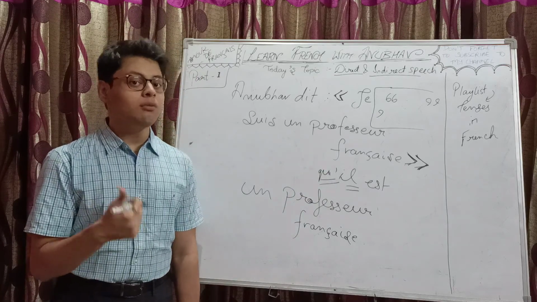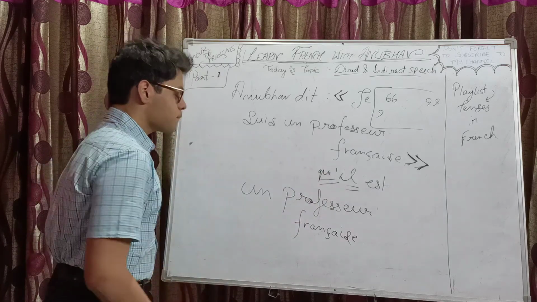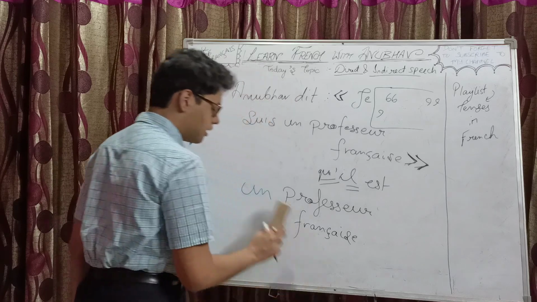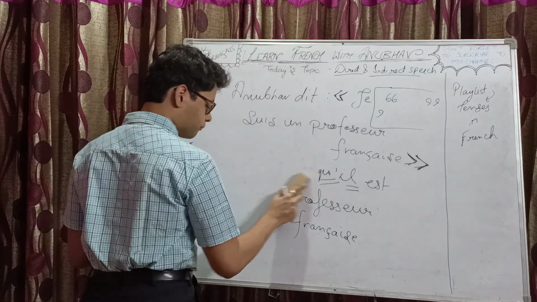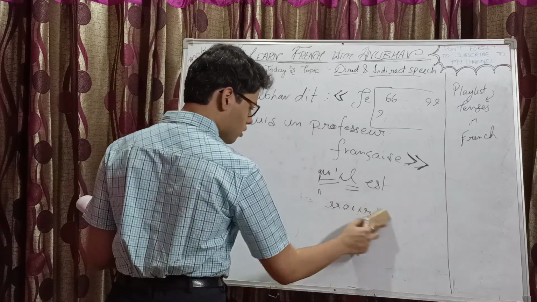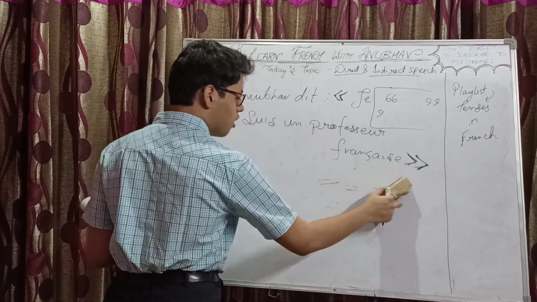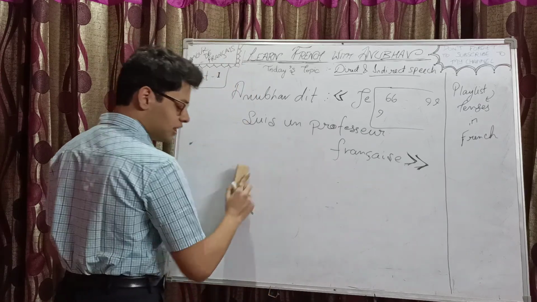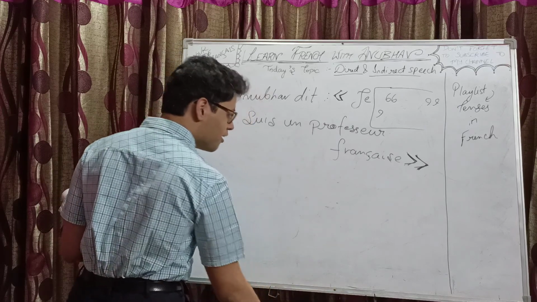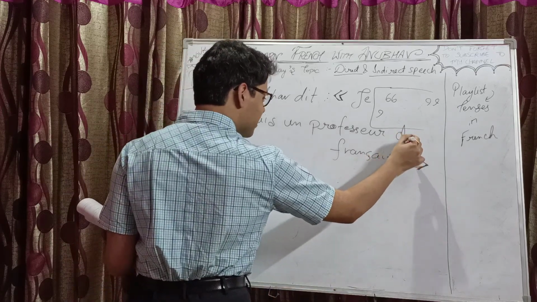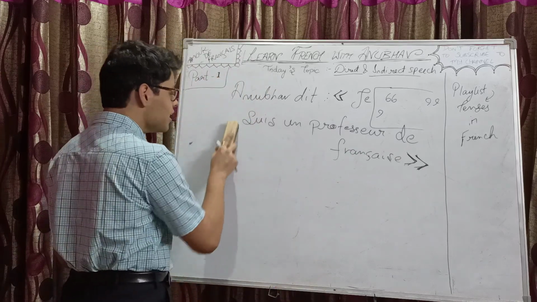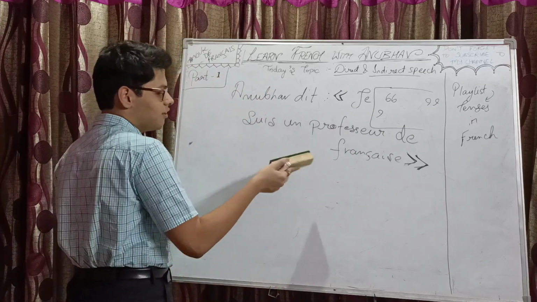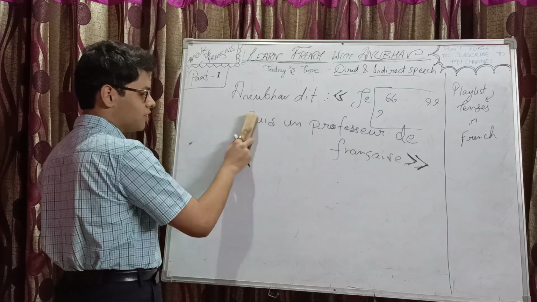It can be translated to that, right? Now let me erase it. In fact, I would say here it should be the professeur de français, because I am not French, I am just a teacher of French, so I think professeur de français will be better.